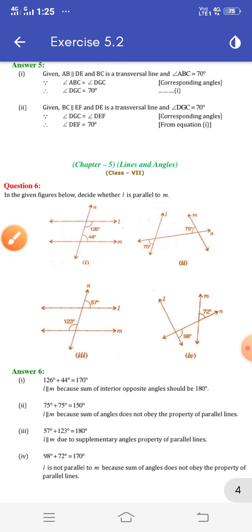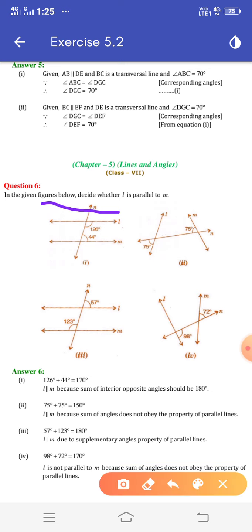In the given figure below, decide whether line L is parallel to M. For parallel lines, one property is that the interior angles between two parallel lines should sum to 180 degrees.